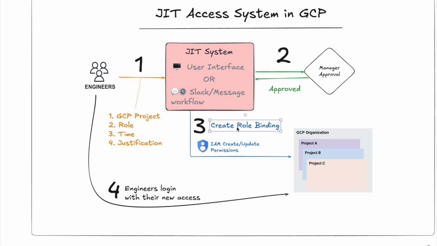An IAM binding in GCP basically means attaching a user or an identity to a GCP IAM role. But this binding would only be created for the approved duration, which is provided by the engineer themselves. After that time expires, this access is automatically revoked, helping enforce least privilege.